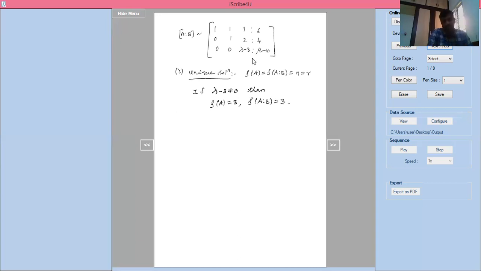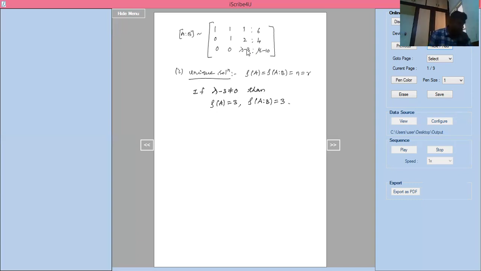Lambda minus 3 not equal to 0 means we are not putting 0 here; we put some number. Suppose lambda equals 4, then 4 minus 3 is 1, so rank of A is 1, and whatever the value of mu, rank of A is to B is also 1 only. Then you get a unique solution.